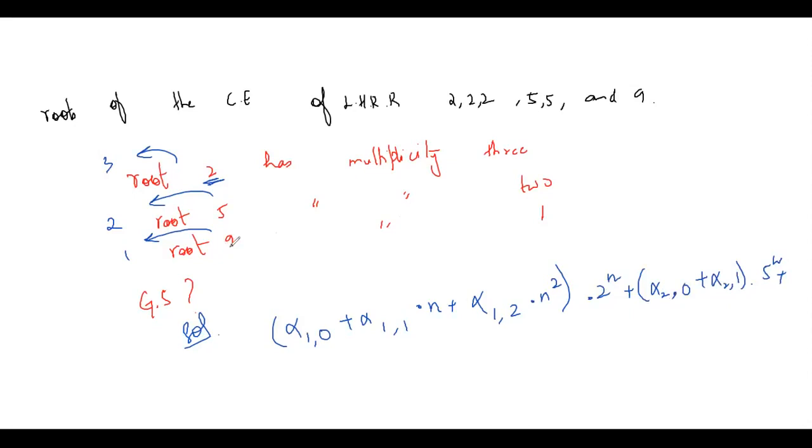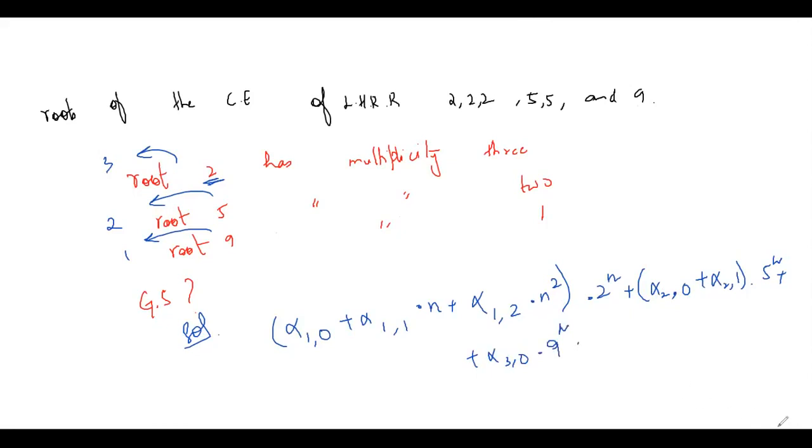Finally 9 is only repeated once, so plus alpha 3 comma 0 into 9 power n. So this is the example when the root is being repeated.